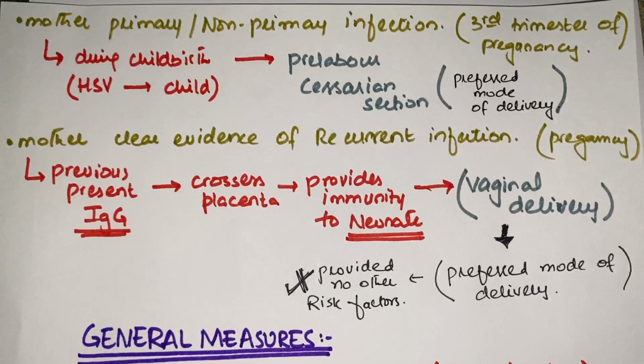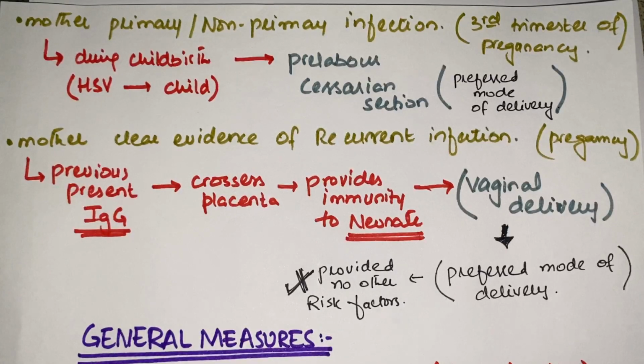But what if the mother developed an HSV infection, and there is clear evidence that she has recurrent infection during pregnancy? Then we can go for vaginal delivery. Why? Because she previously had the disease and developed IgG during the first infection.